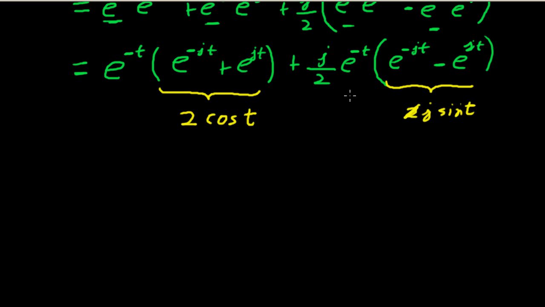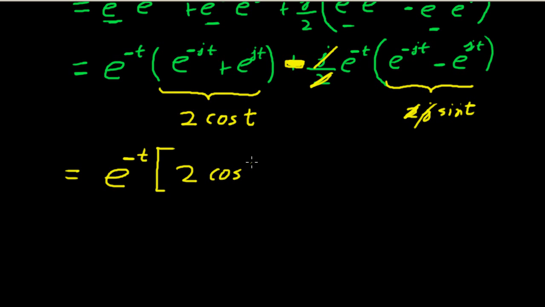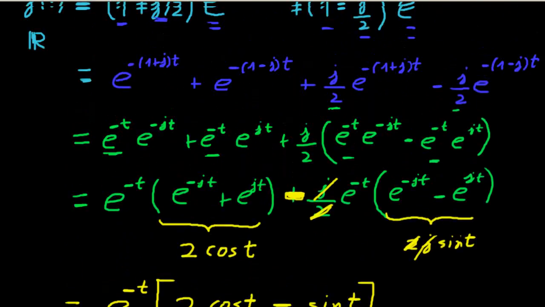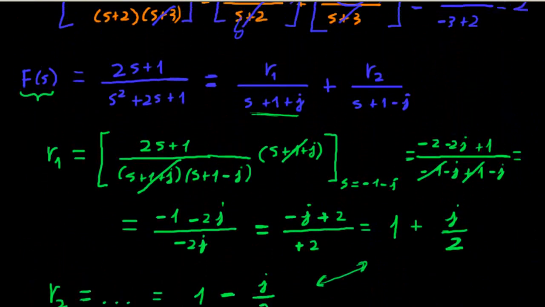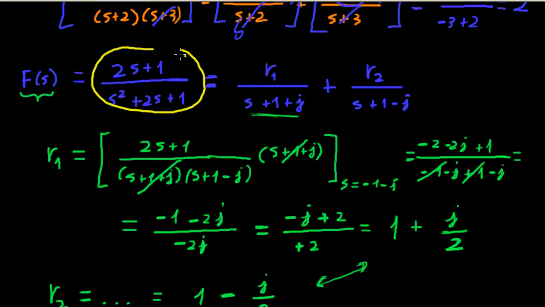So this 2 goes with this 2, and this j times this j turns it into a -1 here, so that the final result is e^(-t) times (2 cos(t) - sin(t)), the inverse Laplace transform of this F(s).